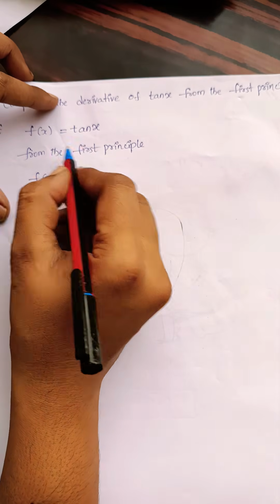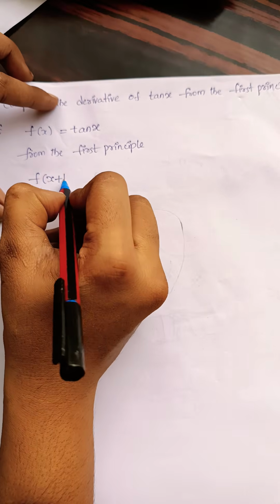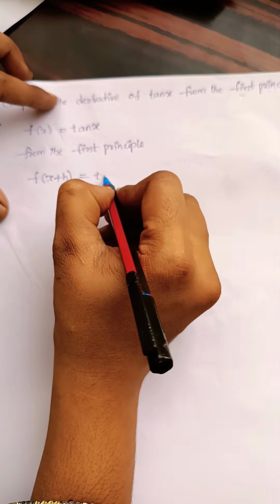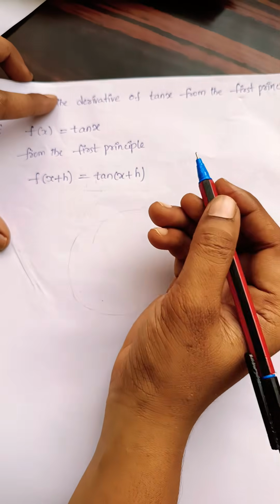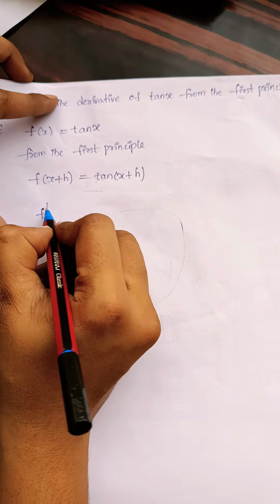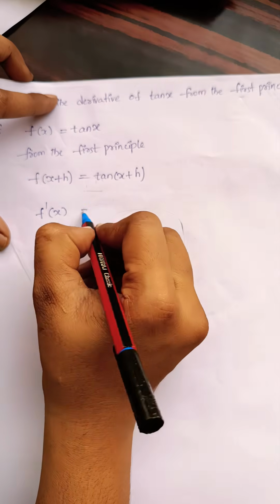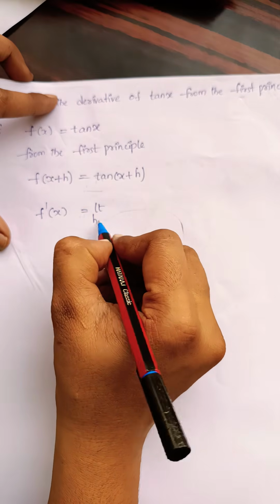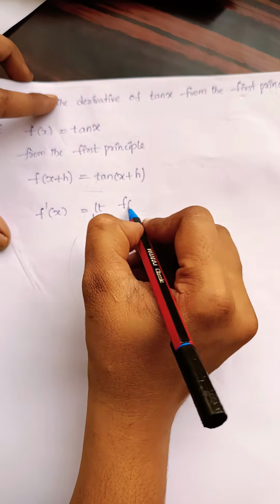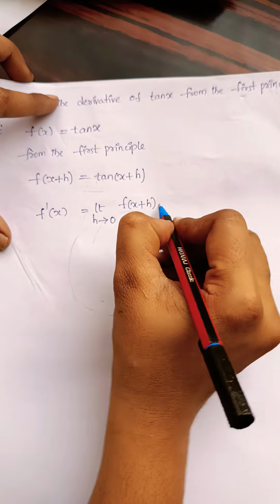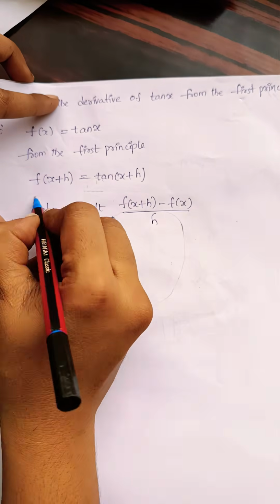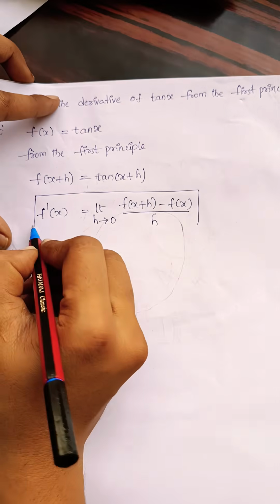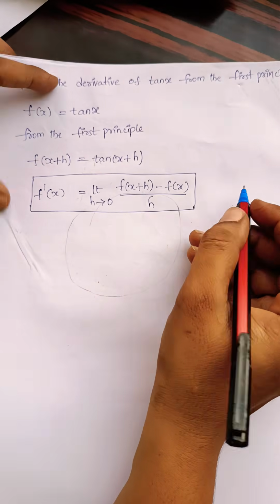Add h to the function: f of x plus h is equal to tan of x plus h. Then the derivative f dash of x is equal to limit h tends to 0 of f of x plus h minus f of x divided by h. This is the first principle.